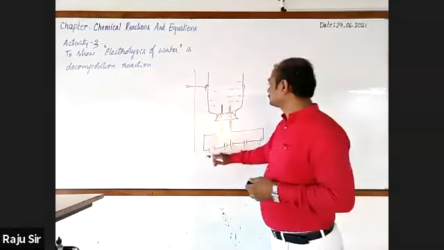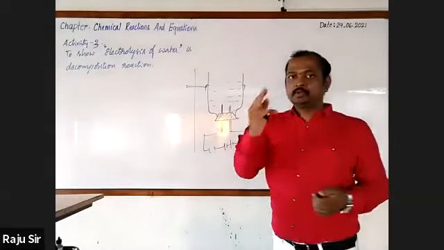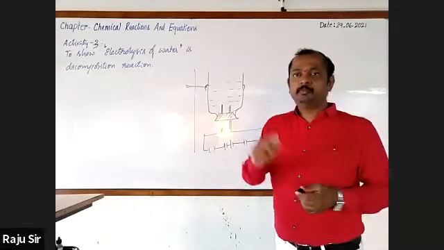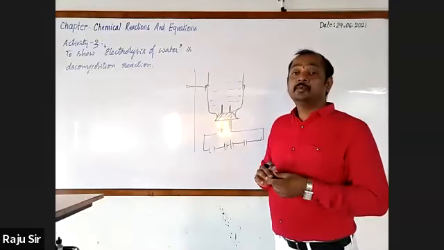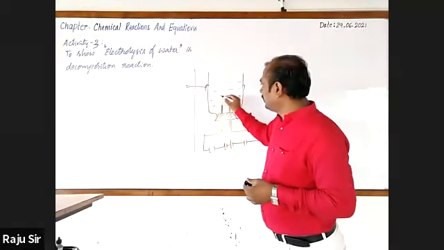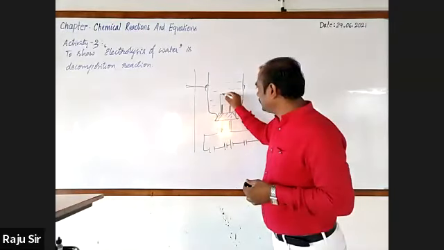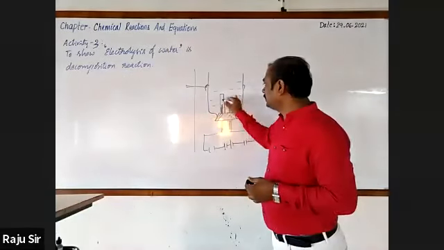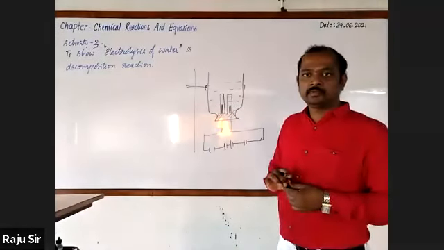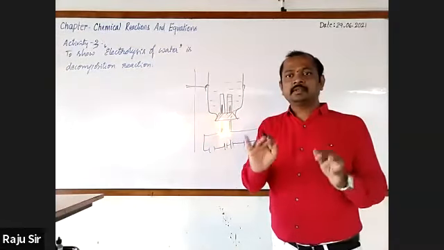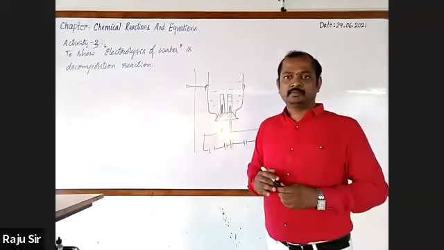Next, we will take two test tubes and mark them as A and B. Fill them with distilled water and place these invertedly on each of these electrodes. Clear? This is the experimental arrangement.